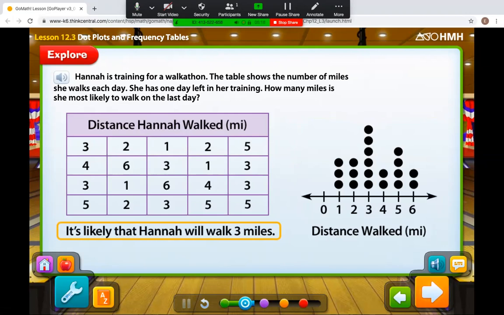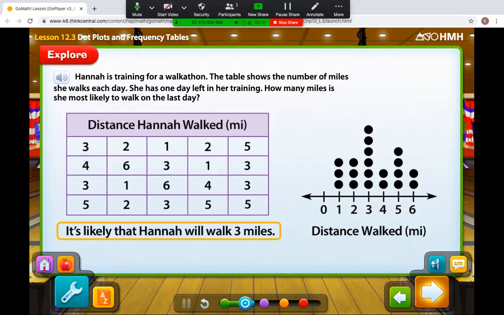You have here the frequency table. By frequency, we mean the number of times a data value is repeated. Accordingly, a frequency table is a table that lists items and shows the number of times the items occur. Here we have the dot plot.